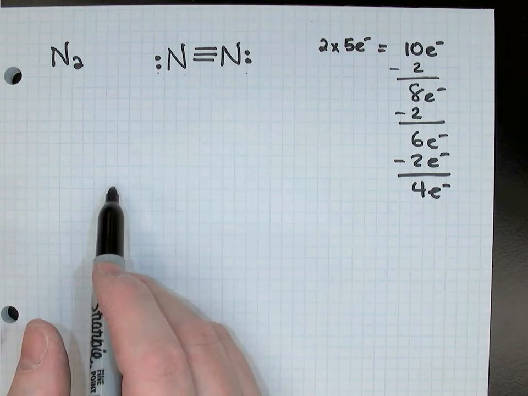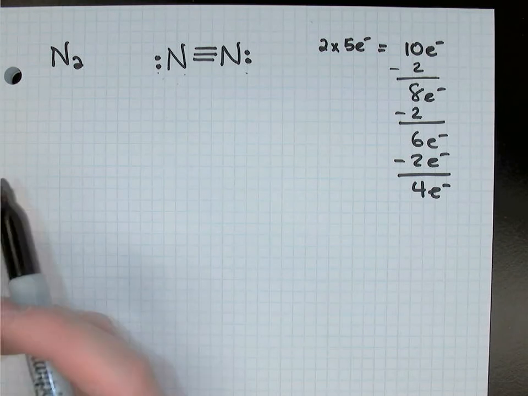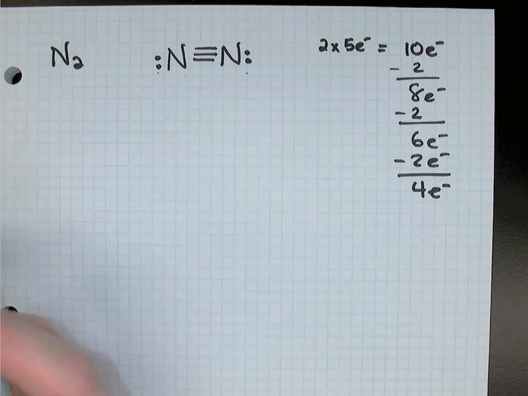You remember, triple bonds are really strong. They're shorter than double bonds. Double bonds are strong and shorter than single bonds. So single bonds are the weakest, they're the longest bonds. Triple bonds are strongest, and they're the shortest bond.